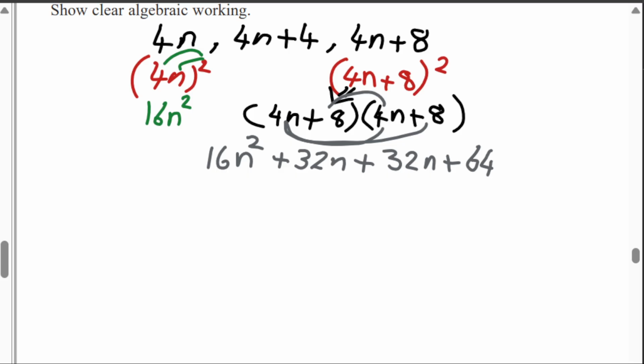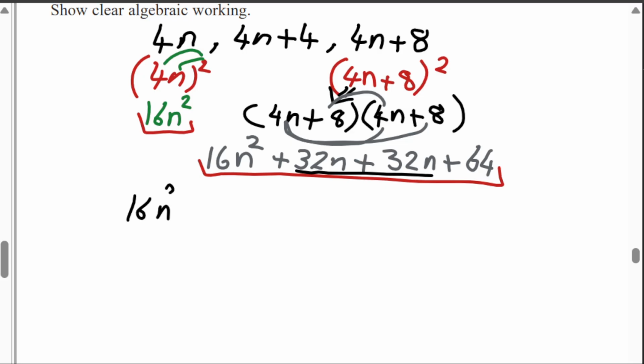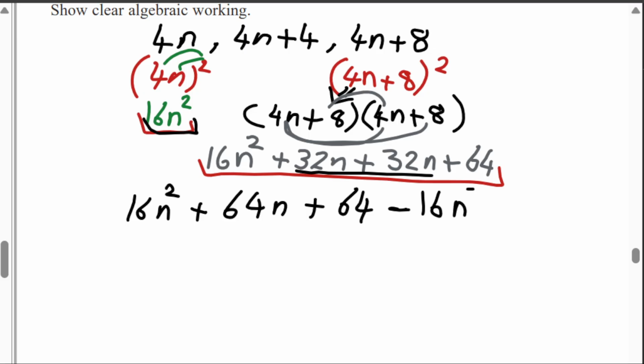Now we do the larger number minus the smaller number. But first let's collect like terms, because here you have 32n and 32n. So 16n squared plus 64n plus 64, minus the smaller number, 16n squared.